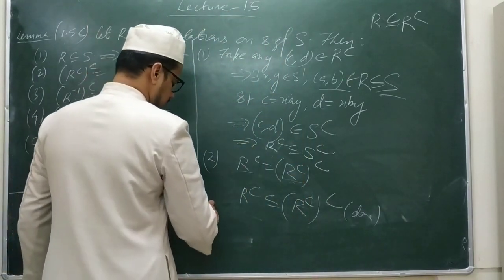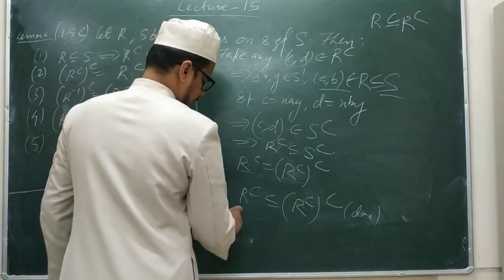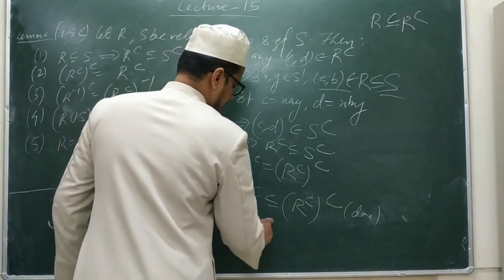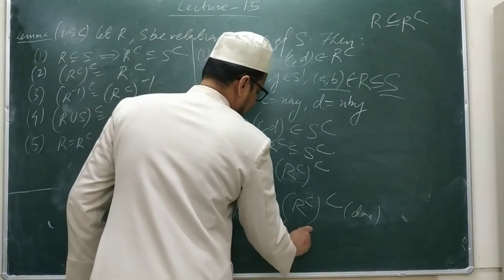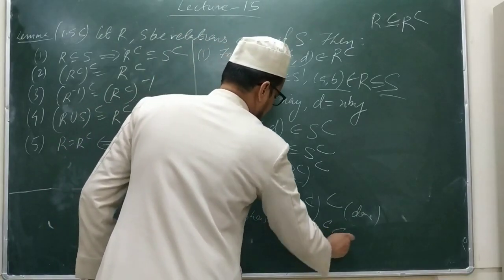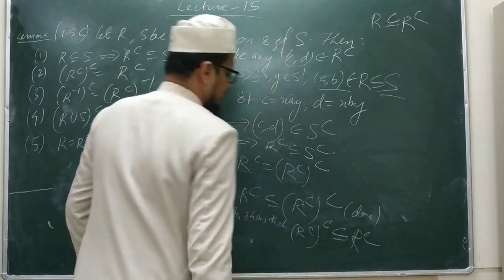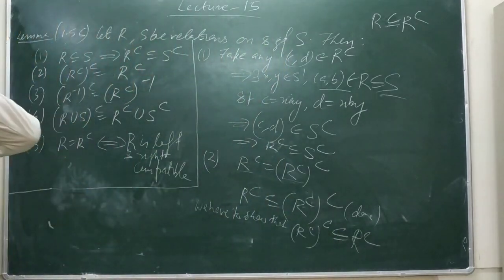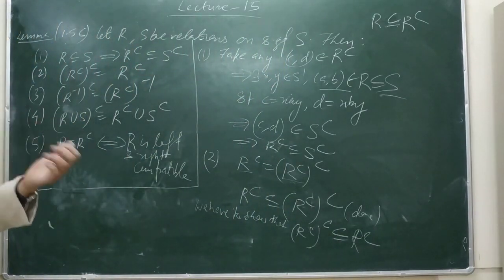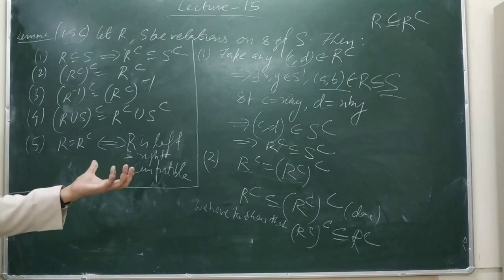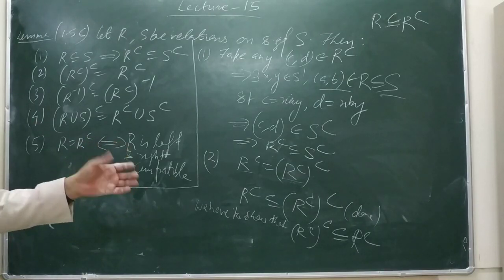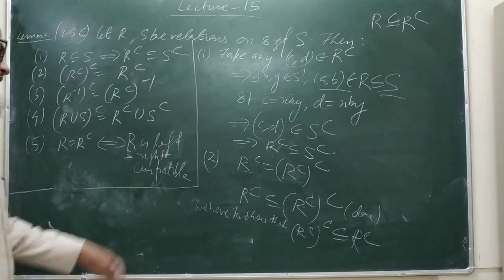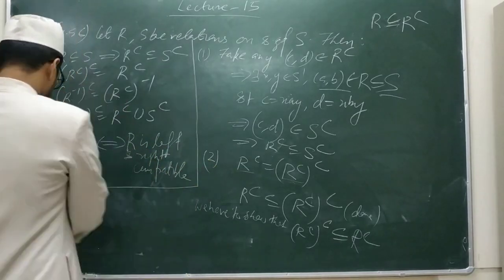Now we have to prove the converse part. We have to show that RCC is contained in RC. So you take any element in RCC and show that it goes in RC.